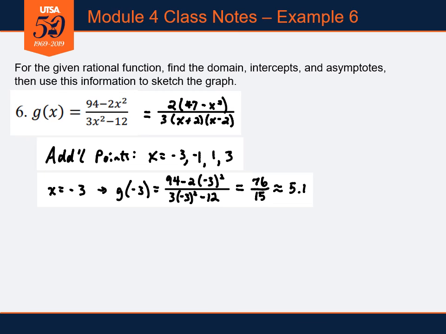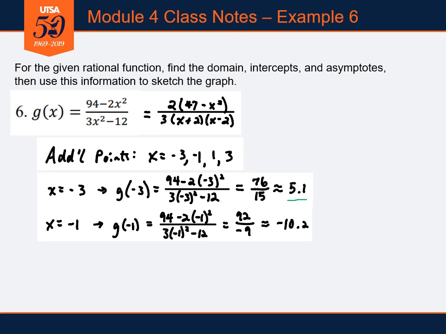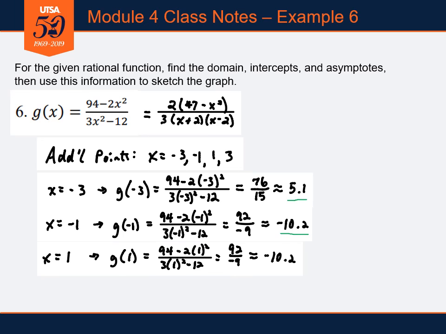When I input -3 for x, I get 76 over 15, which I've just given up on, so I plugged it into my calculator, and that's approximately 5.1. I can plot the point (-3, 5.1) on my graph. Plug in -1 for x, you get 92 over -9, which is about -10.2.